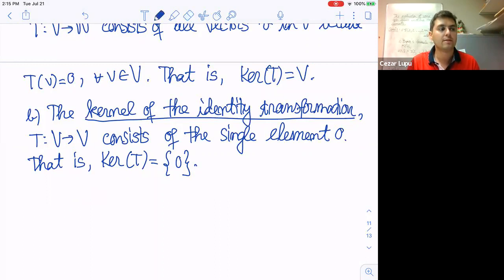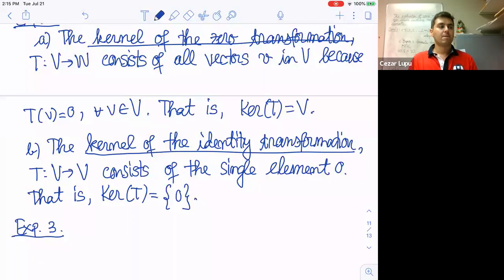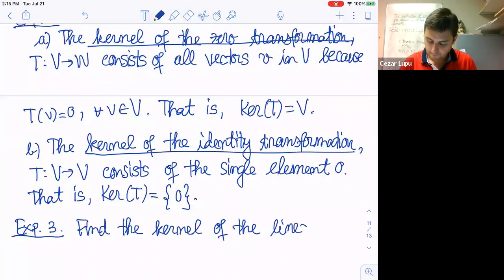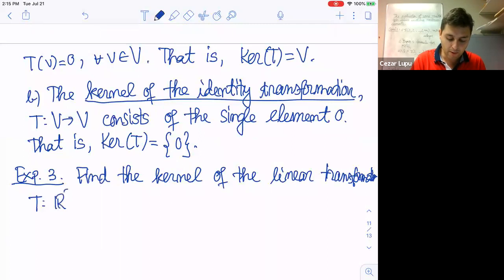Okay. Now let's see another application, which is a little bit more involved, but not as hard as example 3. Let's find the kernel of the linear transformation T from R2 to R3.